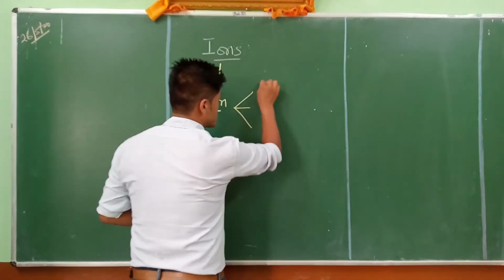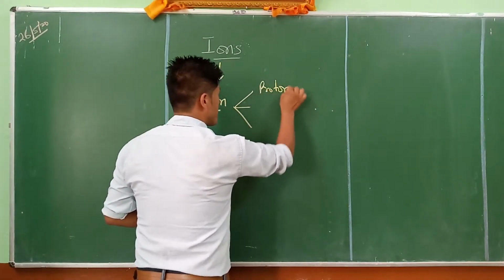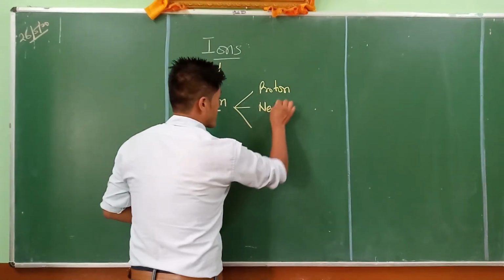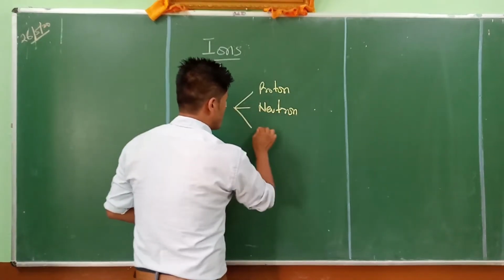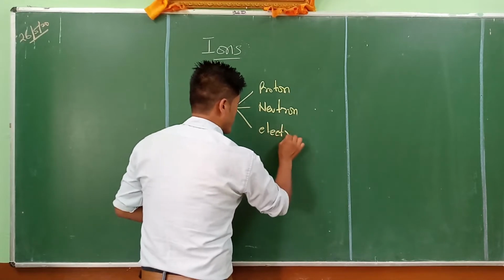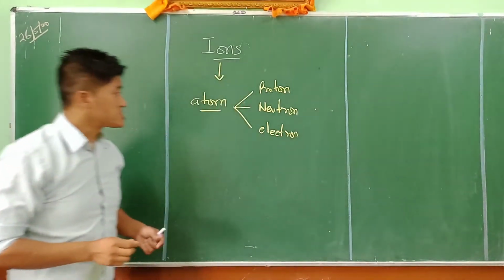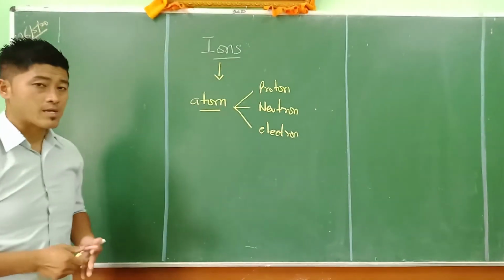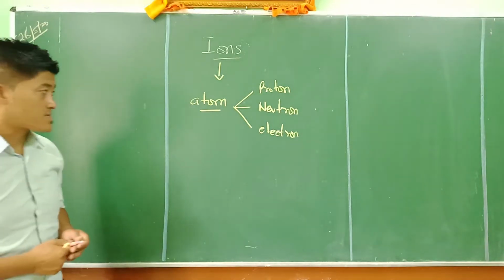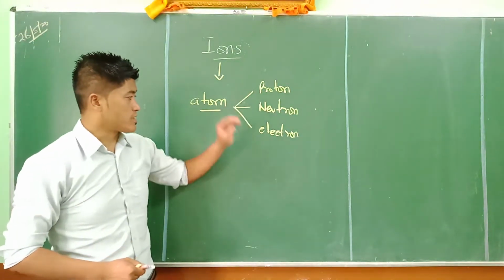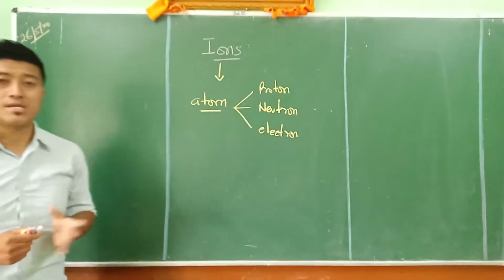What are they? Proton, neutron and electron. So you can say that with the help of proton, neutron and electron, an atom is made, right?